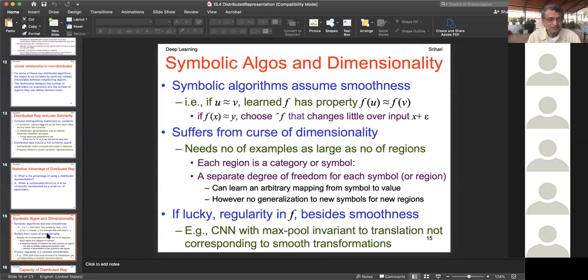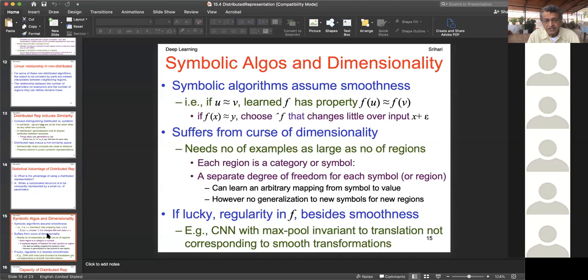Again, the same point about having as many samples as regions and the smoothness idea. And that becomes extremely large as the number of dimensions you have in the input.